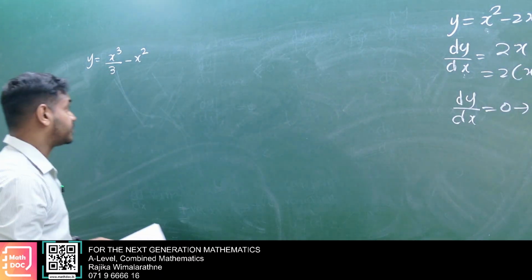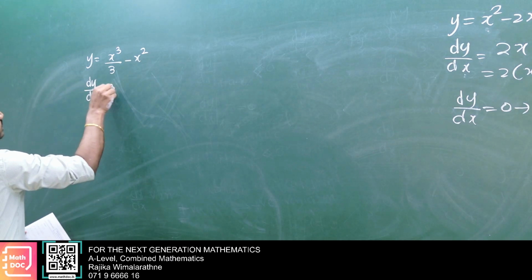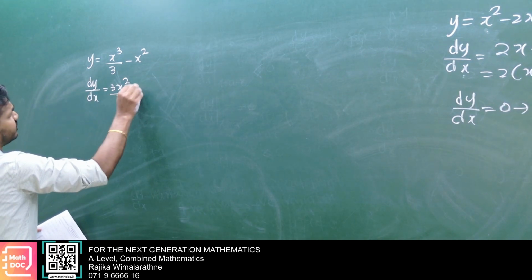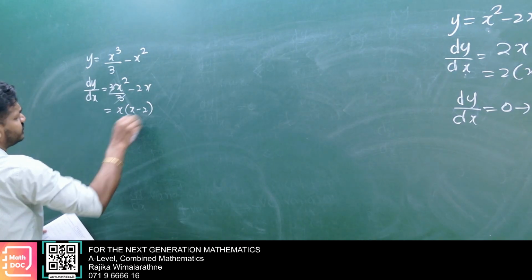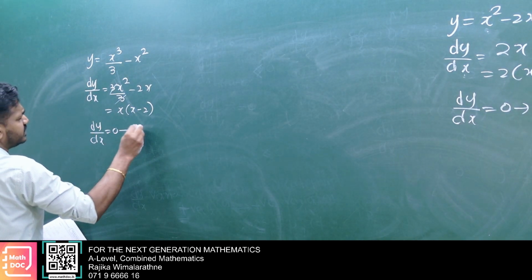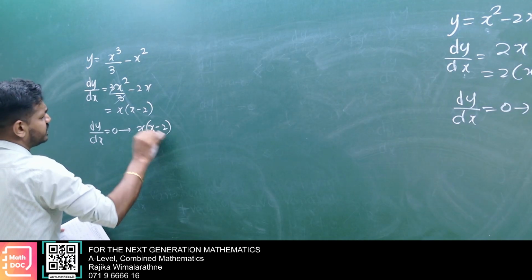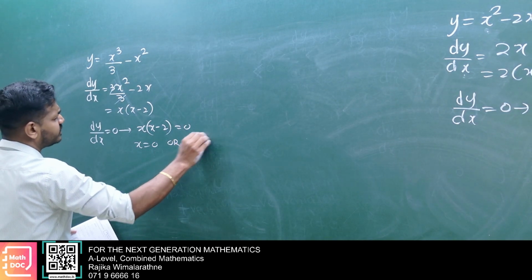Okay, you follow the procedure. dy by dx is 3x squared over 3 minus 2x. Take x outside, x into x minus 2. Then dy by dx is 0. Solve. x into x minus 2 is 0, x equals 0 or x equals 2.